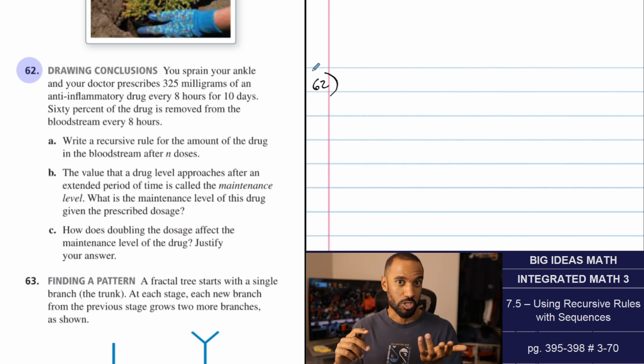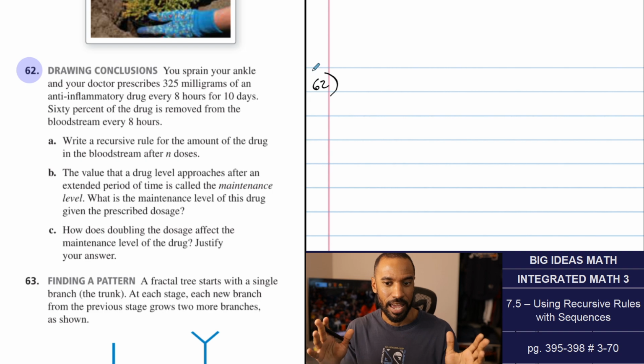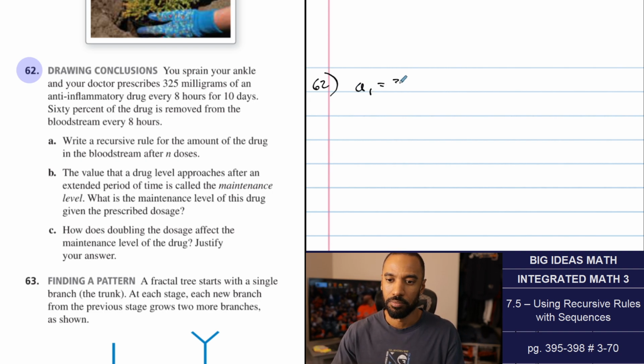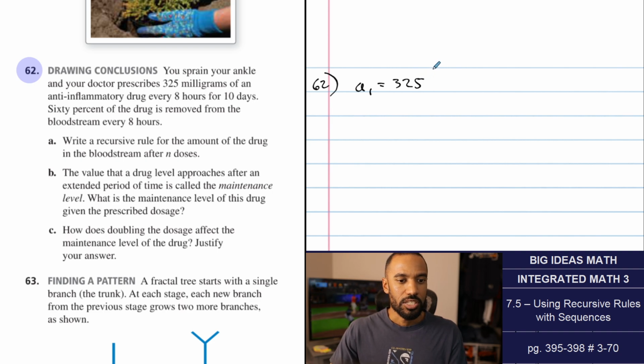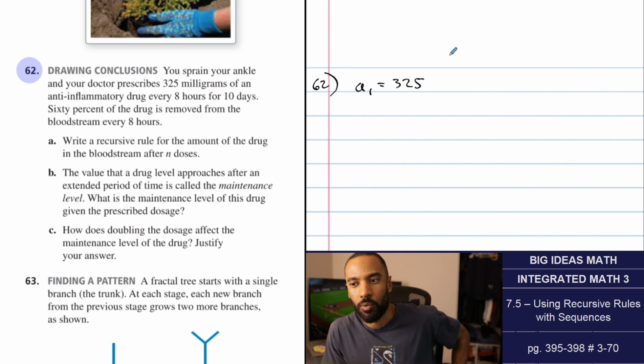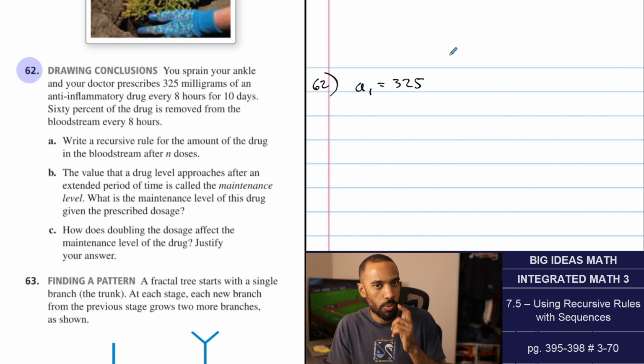This might be one where we use the spreadsheet again, just because that's like 80 hours total of things we've got to do. So 325 milligrams is our initial. 60% is removed. If we do it every 8 hours, then we're adding 325 to it each time, right?